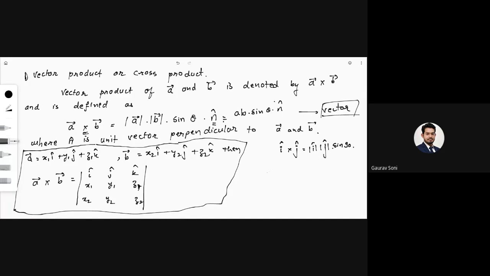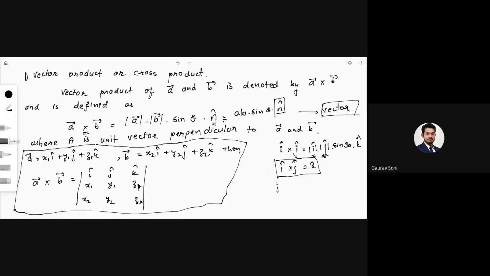Can you tell me a vector which is perpendicular to I and J? K. So modulus of I is 1, modulus of J is 1, sine 90 is 1. So I cross J is what? K, right?